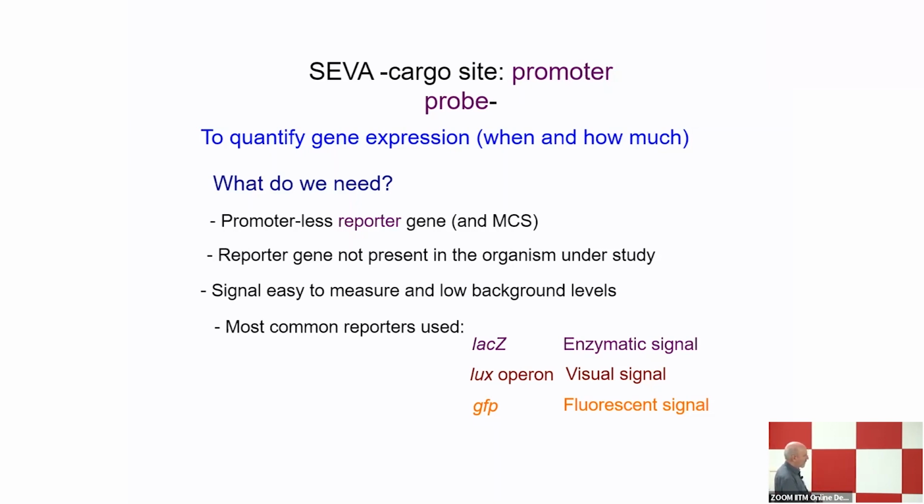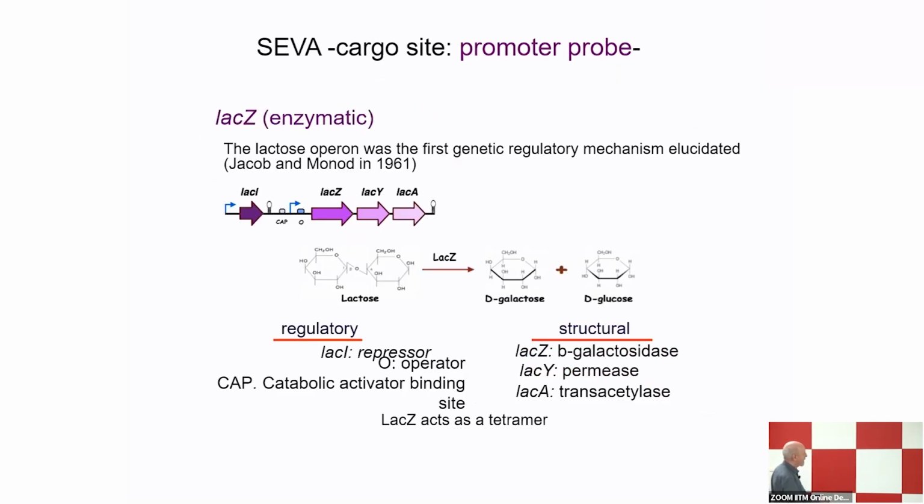And also, of course, the whole plethora of GFP and GFP variants that are available out there. So LacZ is a historical reporter. It is not used a lot these days, but the advantage of it is that it is practically the only reporter that is easy to measure quantitatively and in absolute terms.